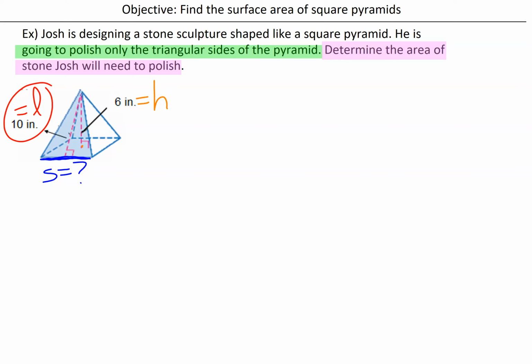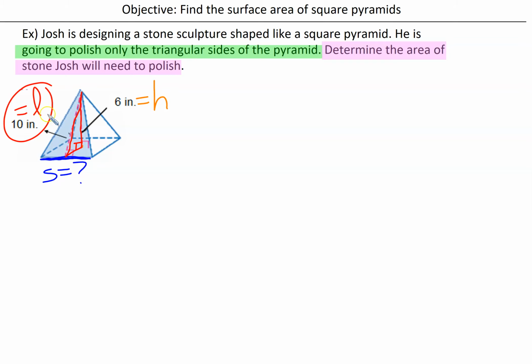So this can be a little tricky, so make sure you're paying attention here. So how do we find S? Well, we're going to have to use our Pythagorean theorem on this right triangle. You can see it. So this is our right angle in there. Didn't do a very good job of drawing that. There we go.